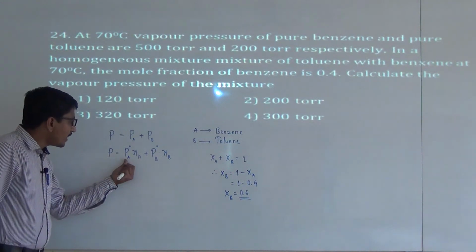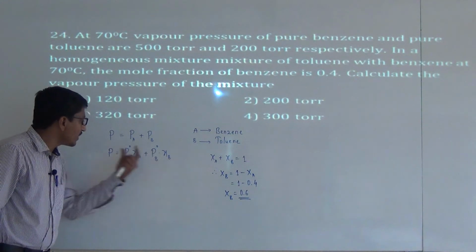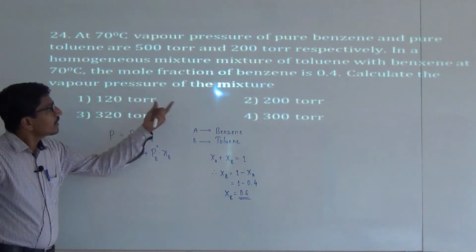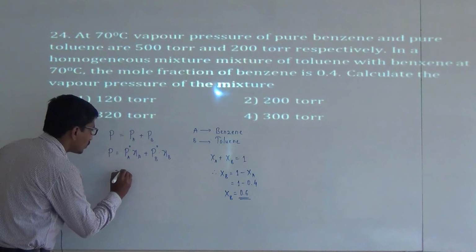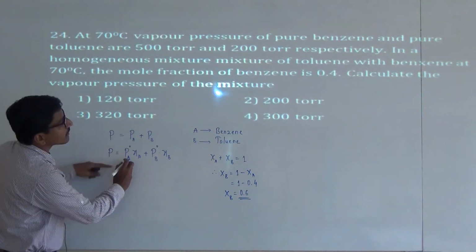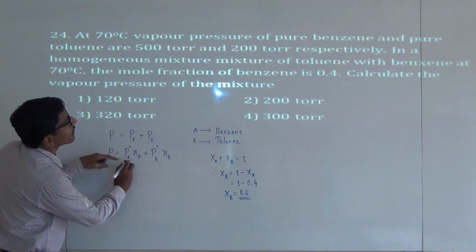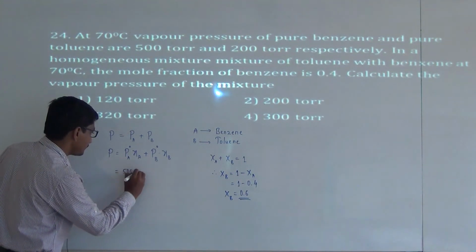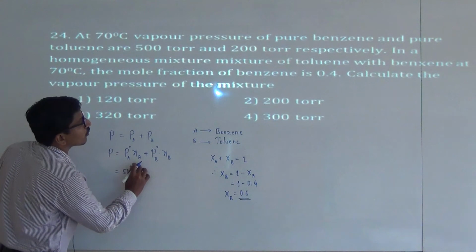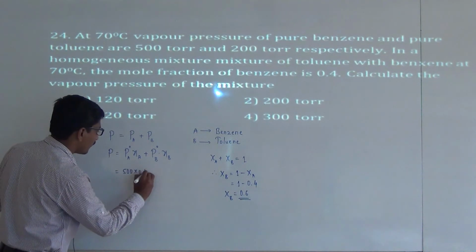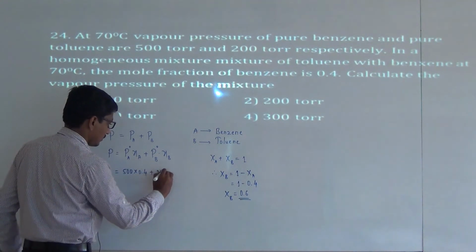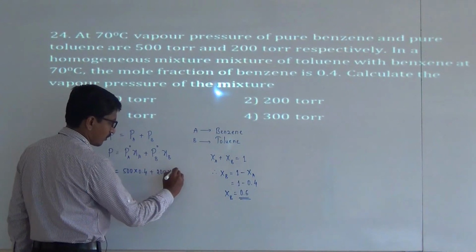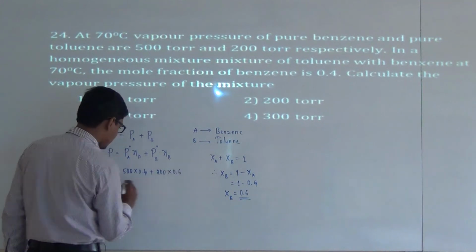By knowing the values of PA naught, PB naught, XA and XB, we can calculate the total vapor pressure of the mixture. Substitute the values. PA naught, the vapor pressure of pure benzene, is 500 into its mole fraction 0.4, plus the vapor pressure of pure toluene, 200, and the mole fraction of toluene, 0.6.